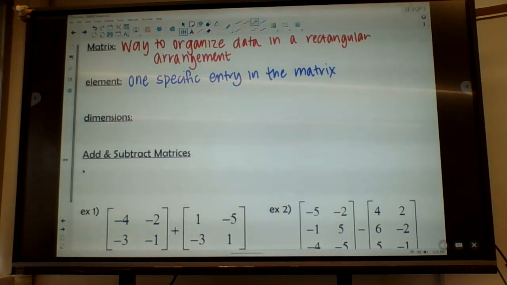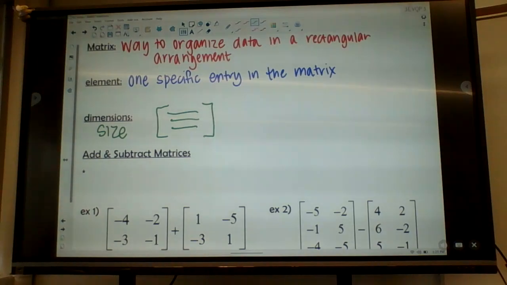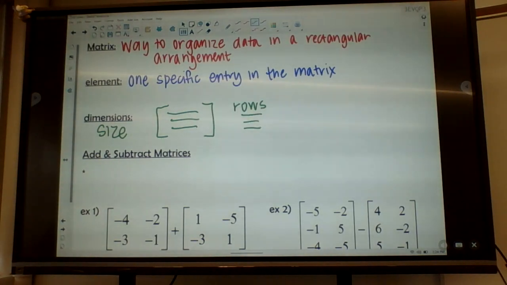So the dimension is the size. And the way we show that is in our matrix, going across, we have rows. And we're going to put a little X, kind of like a 2x4. And then we also have columns.